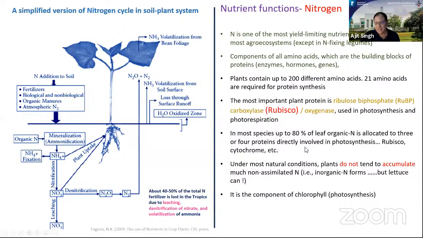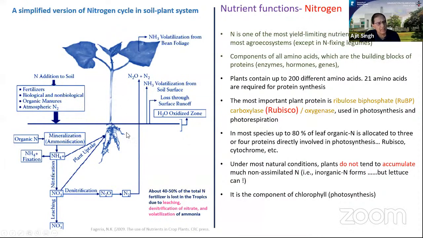There are some plants that do, like lettuce, which stores it, and a high quantity of nitrate can lead to toxicity in animals. It can even lead to death in some animals, especially when they take a lot of these plants that have a lot of nitrate.